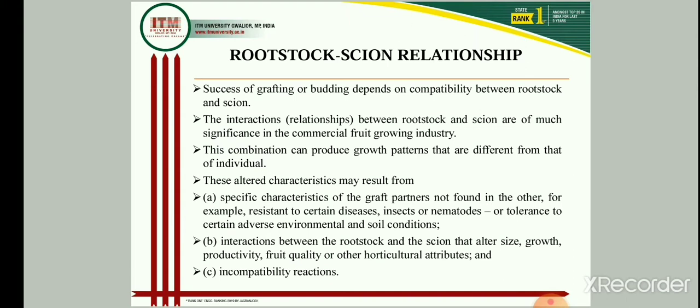This change in character may be attributed to resistance against diseases and insect pests, or tolerance towards unfavorable environment and soil conditions. It may also include the alteration of growth pattern, vigor, productivity, fruit yield, and quality aspects.